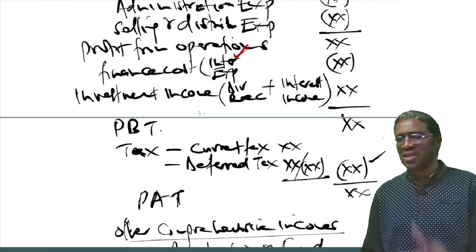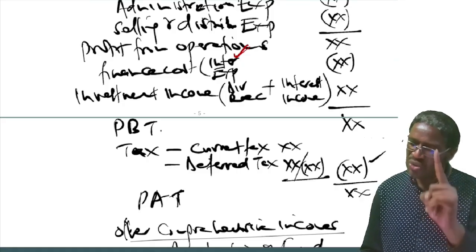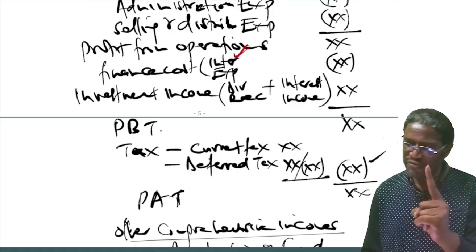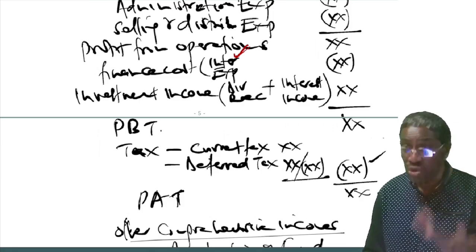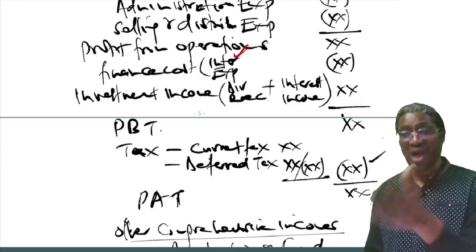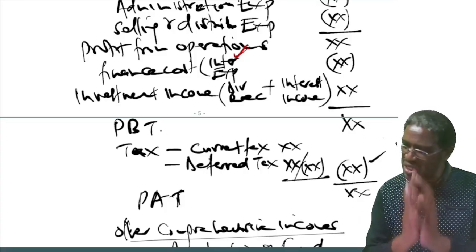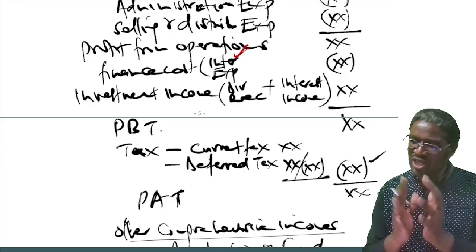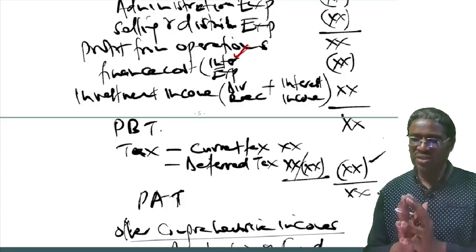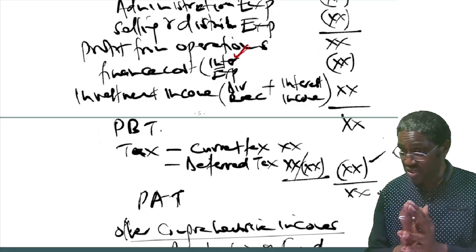Now, your company, listen to this now. If your company issued a redeemable preference share, they were borrowing. They were not raising finance, or they were not raising capital not to repay. They were borrowing to repay. So it means, therefore, listen, the cost of borrowing, when it is debenture, the cost of borrowing is interest.